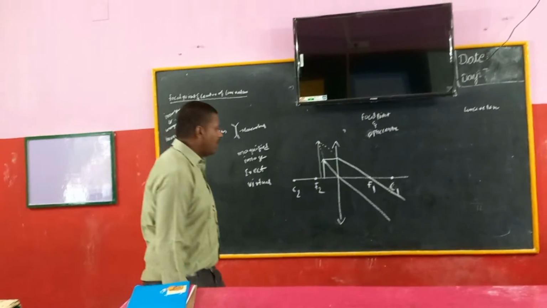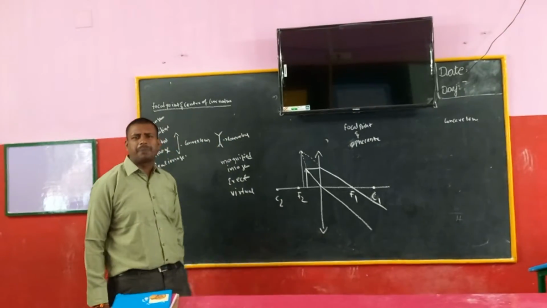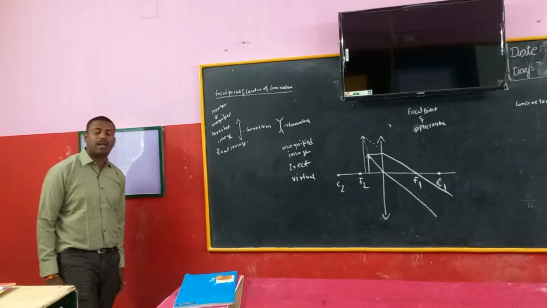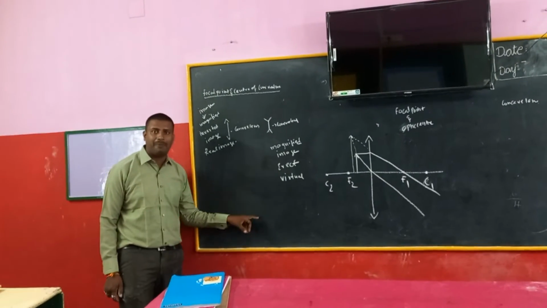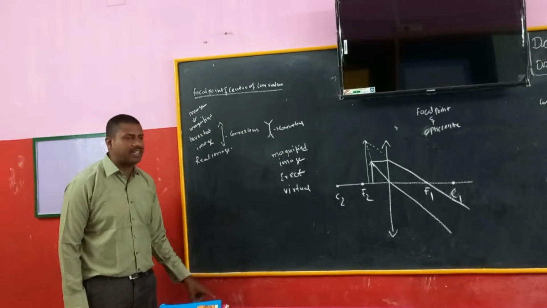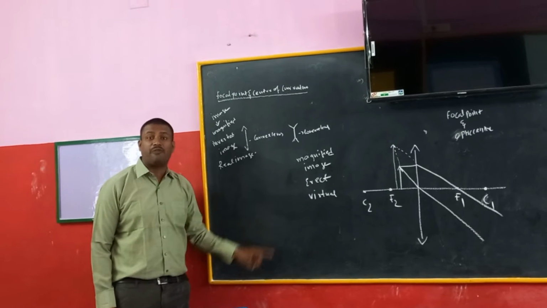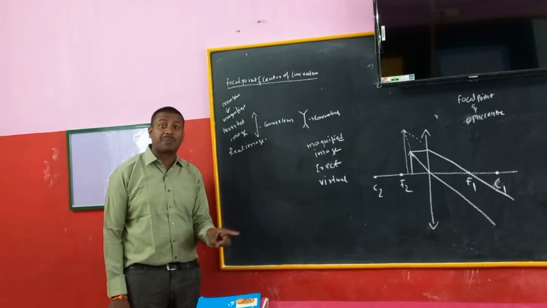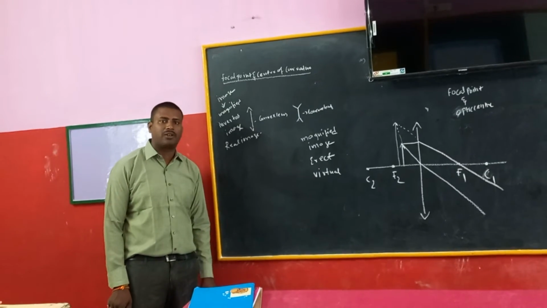Now this kind of principle is used in building the microscope. Some of the things cannot be seen with our naked eye, but can be seen with the help of a microscope. If the object is placed at less than the focal length, then we will get a magnified image. That is the principle involved in the construction of the microscope.